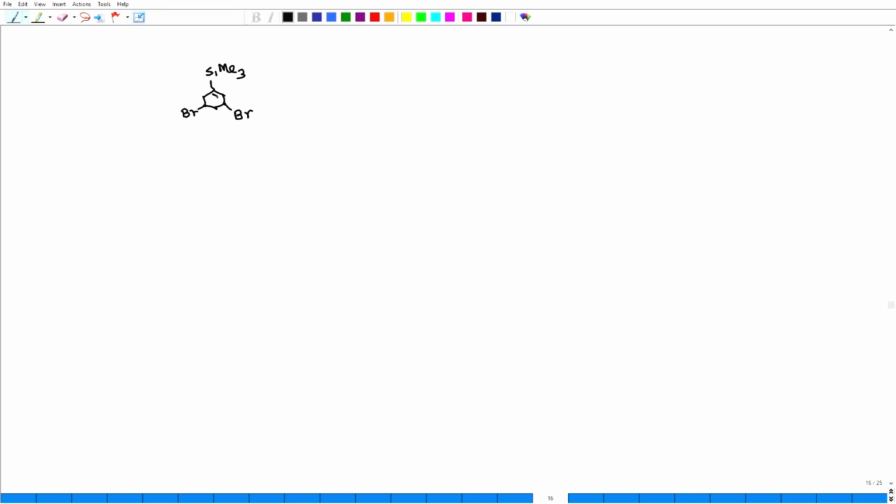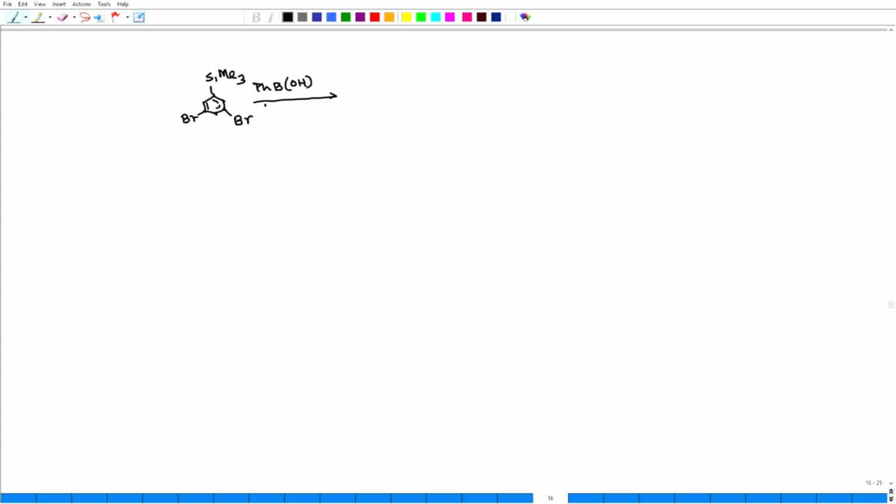Me3. Okay. So, this one on reaction with this reagent, in presence of palladium 0 catalyst and sodium carbonate, what do you get?